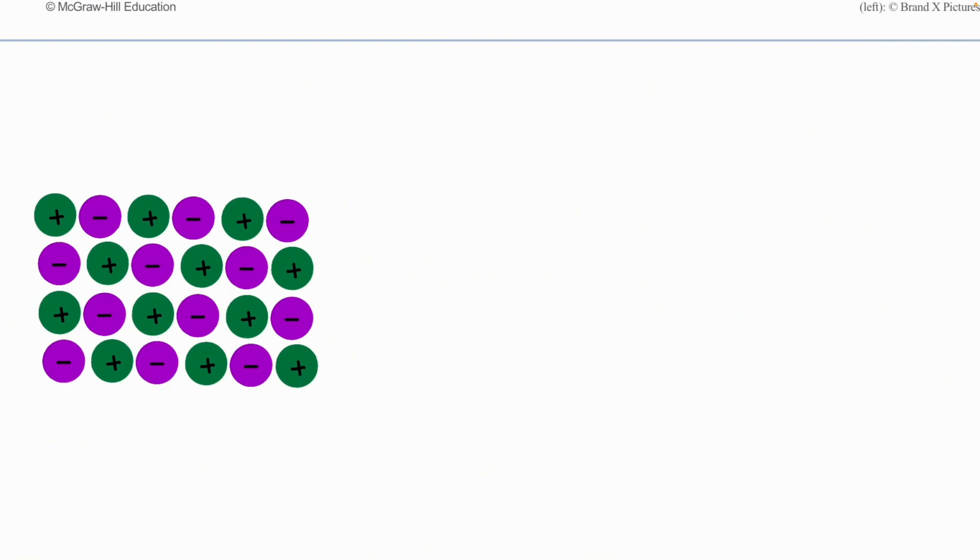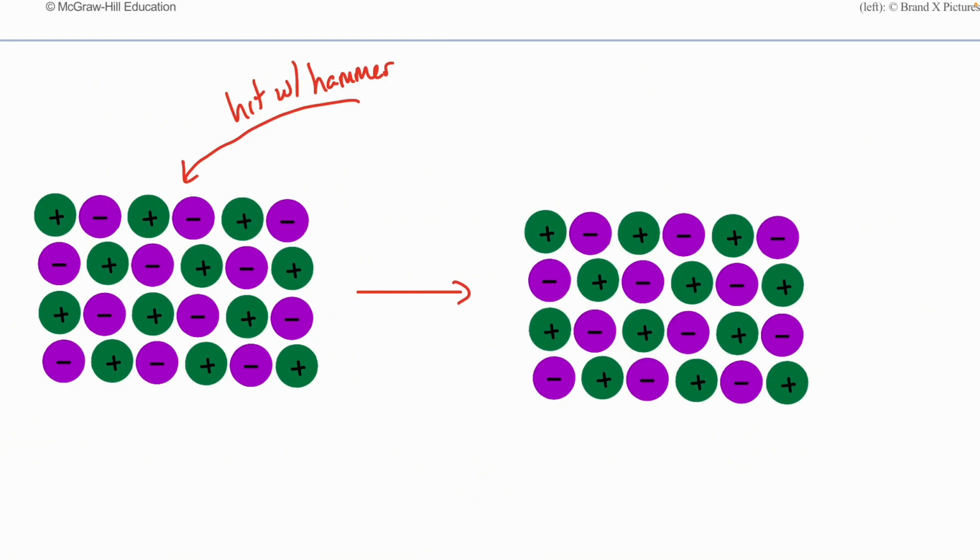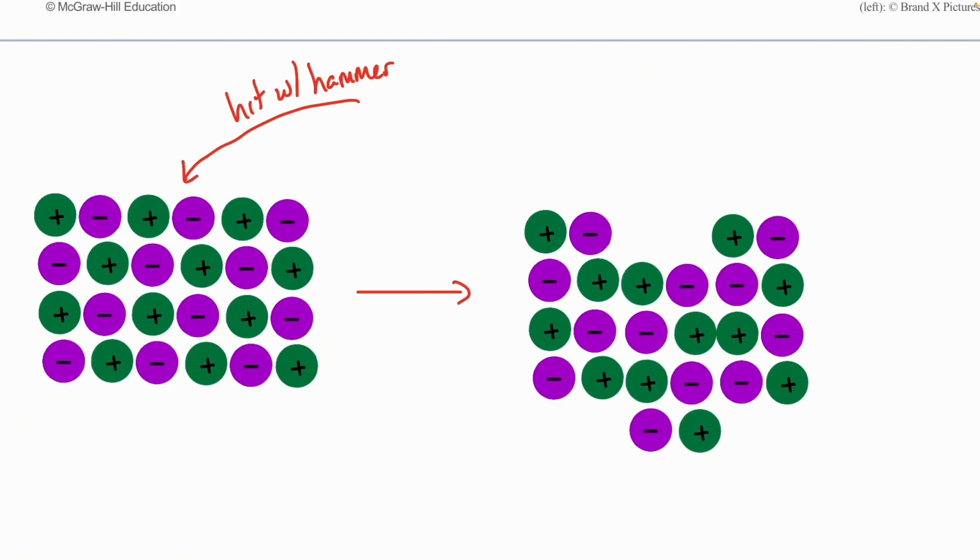Now I'm going to take this thing and whack it with a hammer. We're going to impart this force on it. What's going to happen? That force is going to shift these ions just ever so slightly down. That force messed up this solid and rearranged it. My problem now is I do not have my very nice opposites-attract favorable interactions. I have instead these like charges repelling one another.